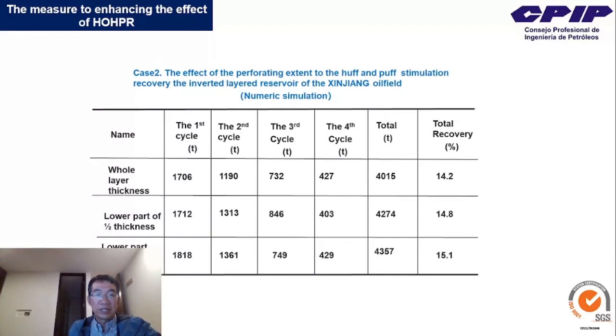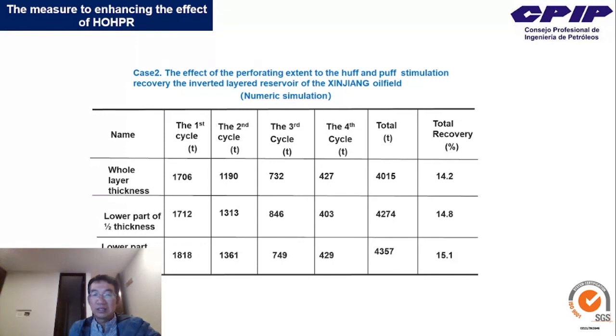If we perforate the whole lower layer thickness, we can have the total recovery of 14.2, and if we perforate the lower part of half thickness, we can have the total recovery of 14.8, and if we perforate the lower part of 1/4 thickness, we can have the total recovery of 15.1.